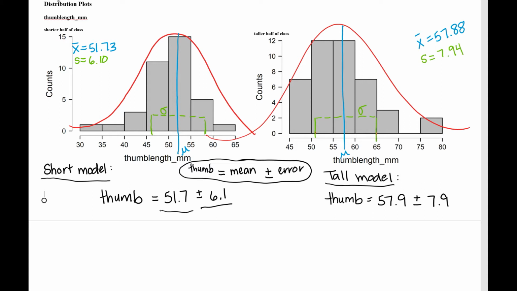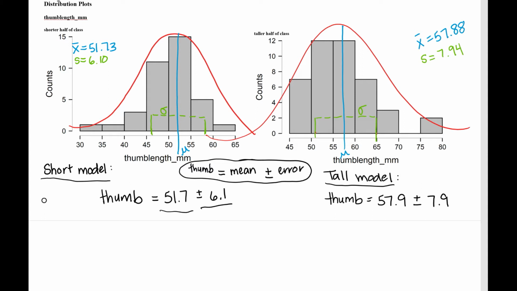So I'm guessing taller people probably have a little bit more variation in how long their thumbs are. I don't know. And the tall model that I came up with was, okay, so if I know they're from the tall half of the class, I'm going to guess higher, around 57.9, 58. But I also know there's a little bit more variability or spread in those values.